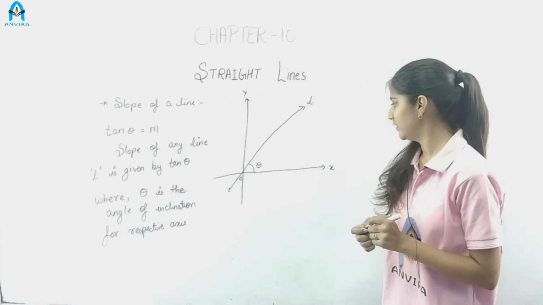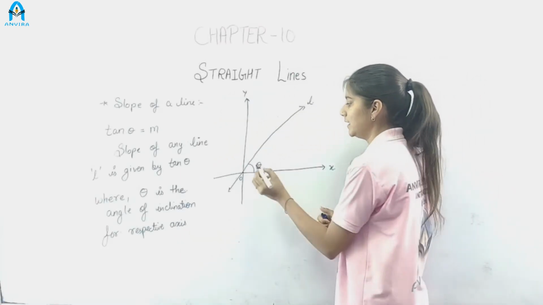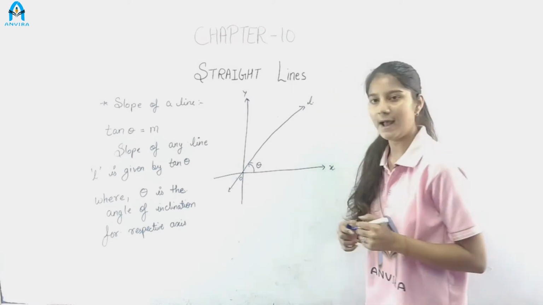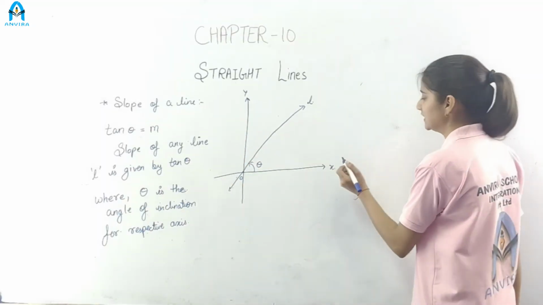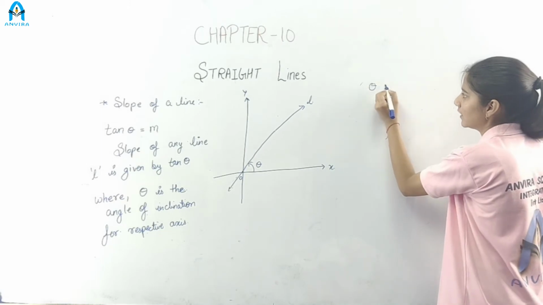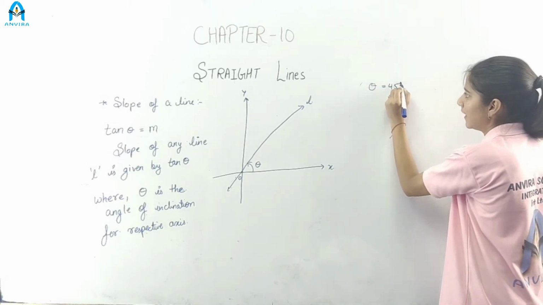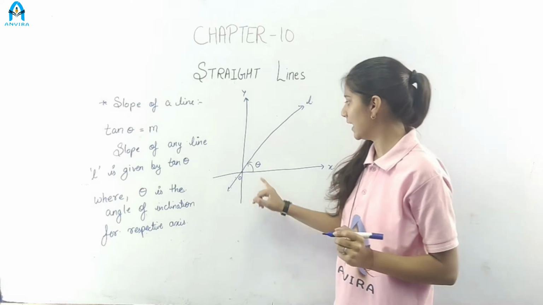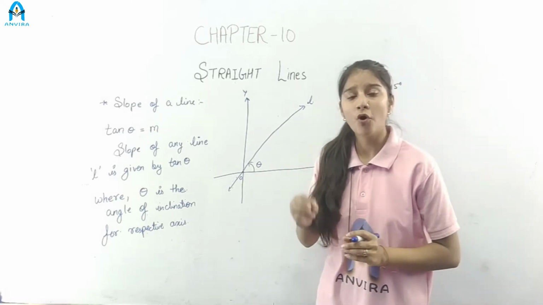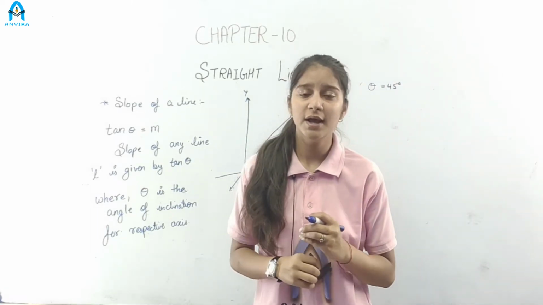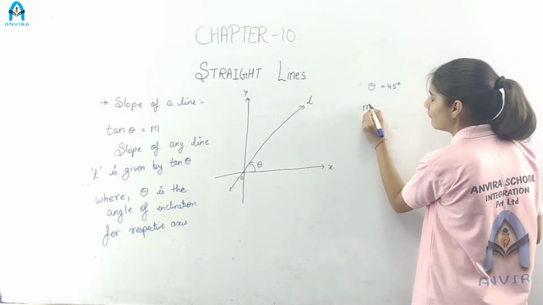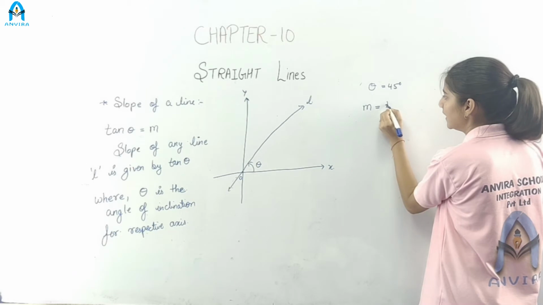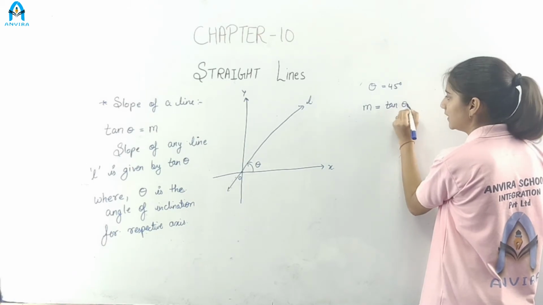Here we take the theta anti-clockwise from the x-axis. Now, if the angle of inclination for a particular case is 45 degrees, then what will the value of my slope? It will be tan theta.